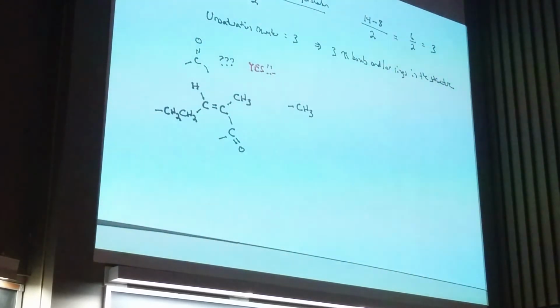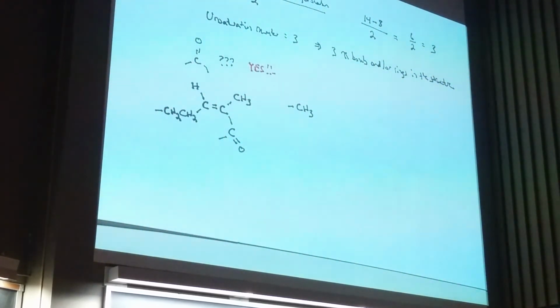Let's see. I have used up 1, 2, 3, 4, 5, 6 carbons, 2, 4, 5, 8 hydrogens, 1 oxygen. This is looking like it's got all the pieces, but there's an unsatisfied bond here. There's an unsatisfied bond there.